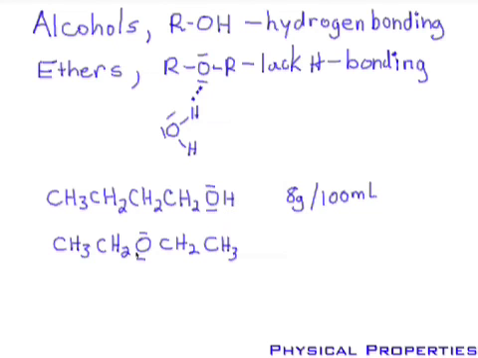Ether doesn't. How can ether be water soluble? But the fact is, ether may not be able to hydrogen bond to water, but water can hydrogen bond to the lone pairs on the ether. And so likewise, diethyl ether is approximately 8 grams per 100 mils solubility.